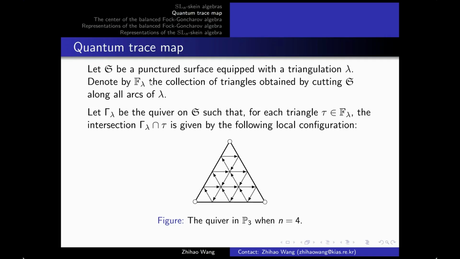S is a punctured surface with a triangulation lambda. We use F lambda to denote the collection of triangles obtained by cutting S along all the ideal arcs of lambda. Then we get a collection of triangles.